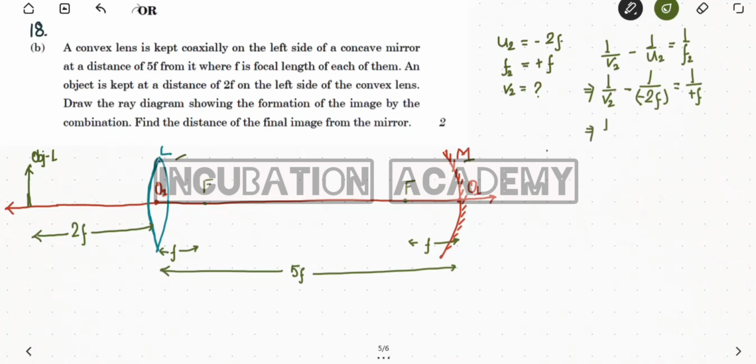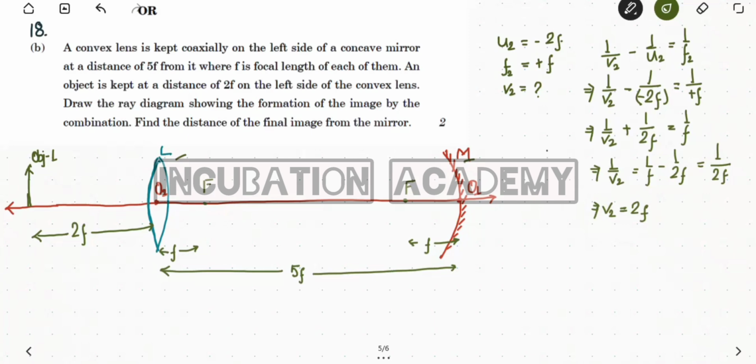So from here, 1/v2 plus 1/2f equals 1/f. So 1/v2 equals 1/f minus 1/2f, and if you do this calculation, you will get 1/2f. That is what is expected, as I just told you: if you place the object at 2f, the image will also be obtained at 2f, and 2f is positive, that is on the positive side of the lens.